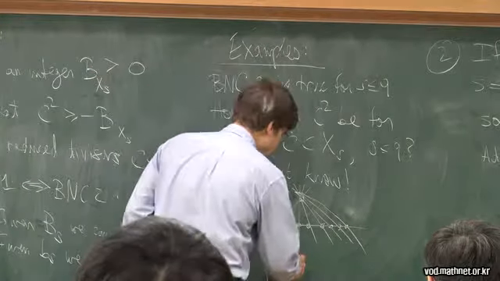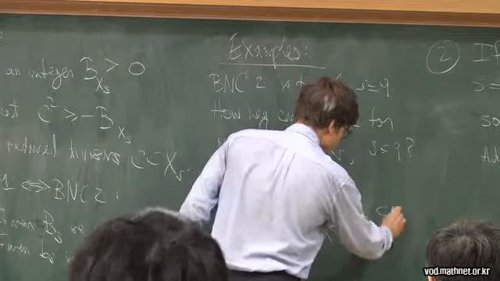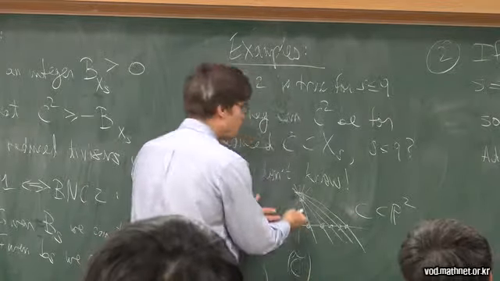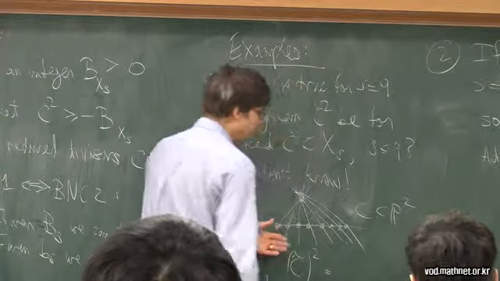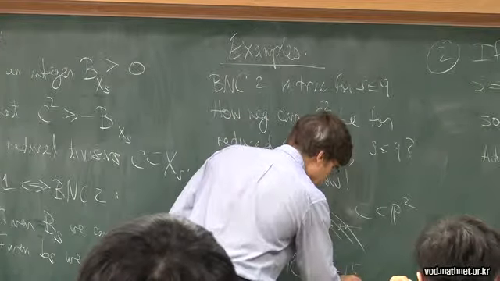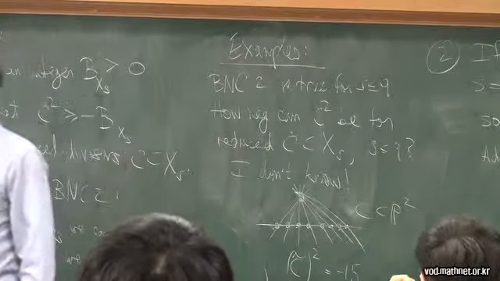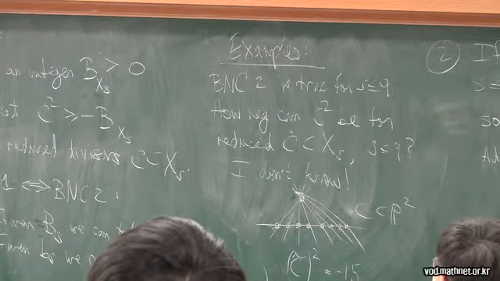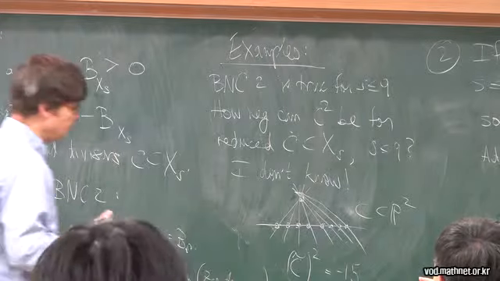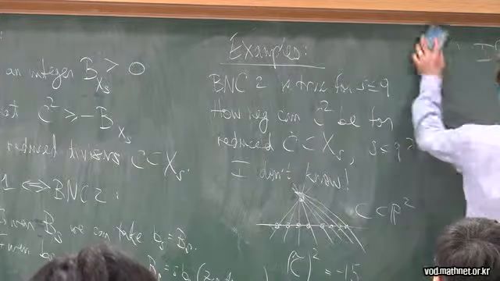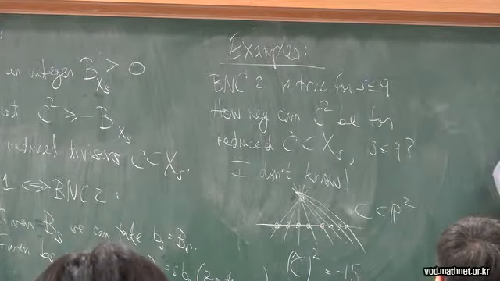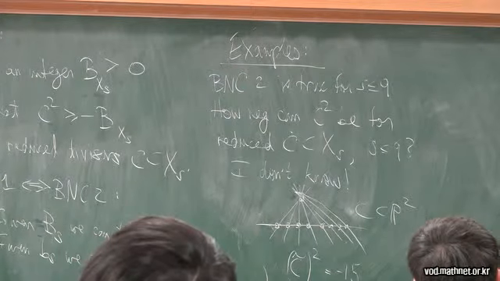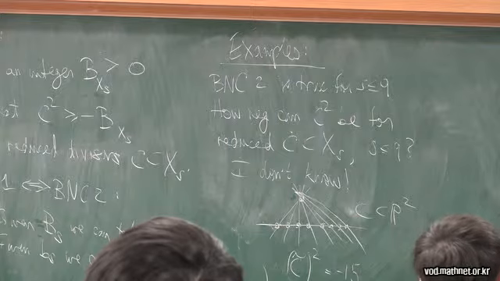And so this is C. C tilde is the proper transform, and it's not hard to work out that this is negative 15. At least that's the most negative example I could come up with. Well, that's the most negative example in general, but suppose the field has characteristic 2.